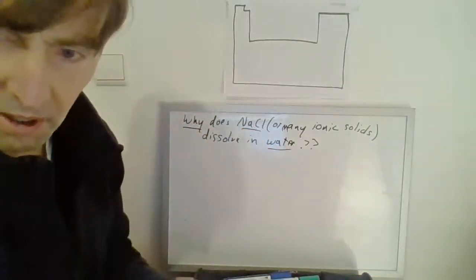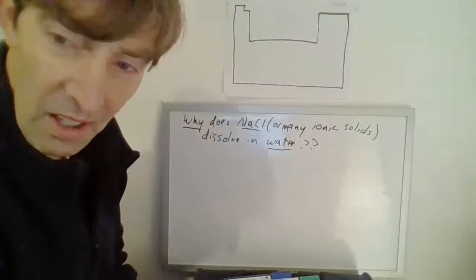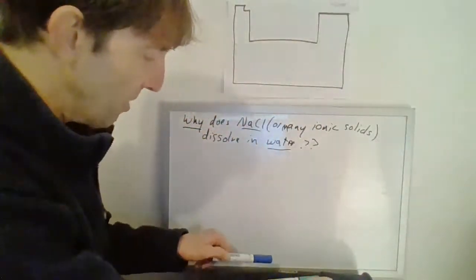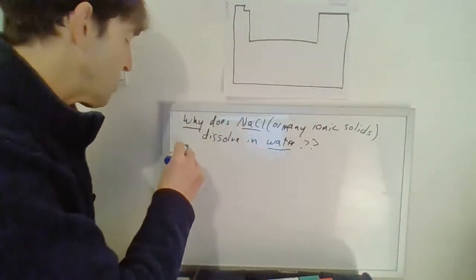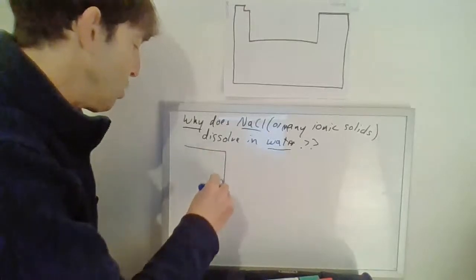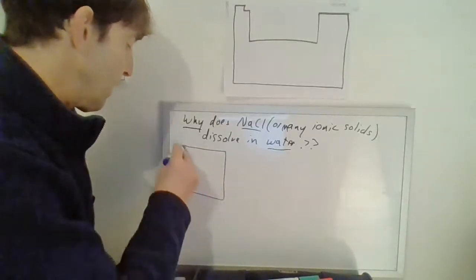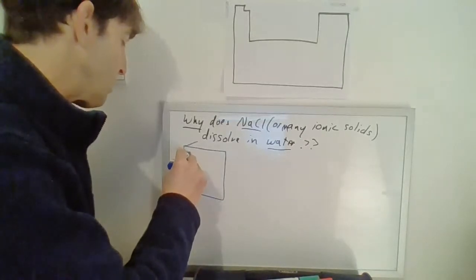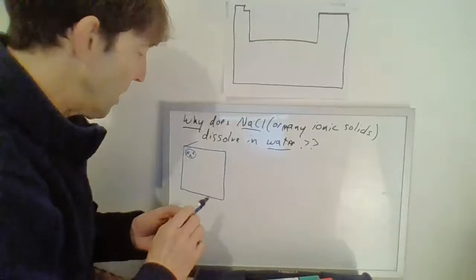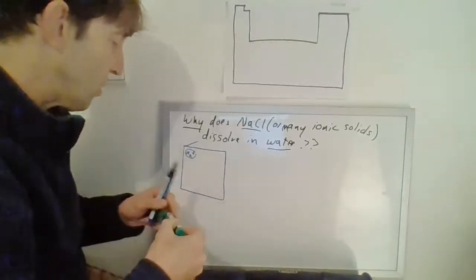So think about the two things we've got. We've got NaCl and we've got water. We learned NaCl starts out like this, right? It's a big cube, and it's made of lots and lots of Na pluses, and in between them, big Cl minuses.